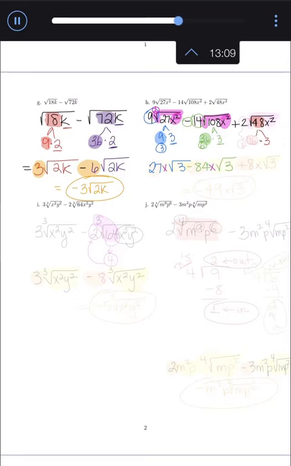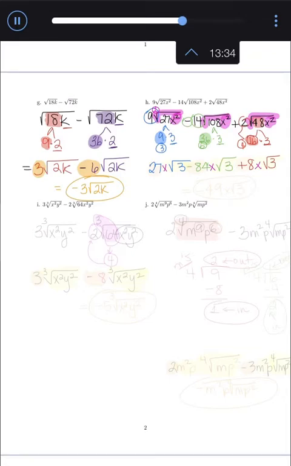Well, 3 goes into 48 16 times, so I can take the square root of the 16. It will come out as a 4 times the 2 will give me 8, so that'll be a positive 8, with, again, the 3 left over on the inside. Just like before, I can take the square root of the x squared. It will come out as just an x.